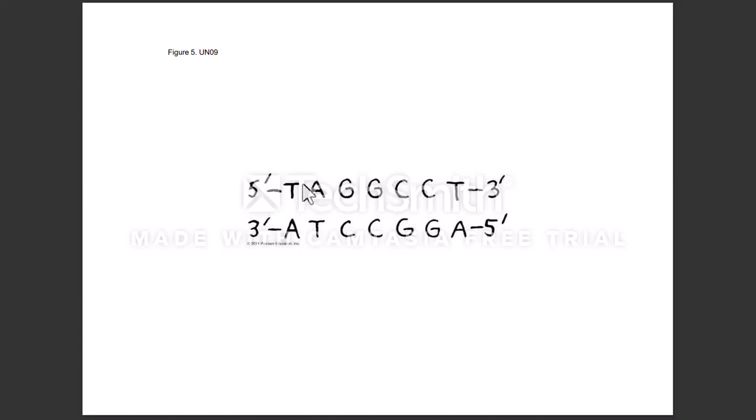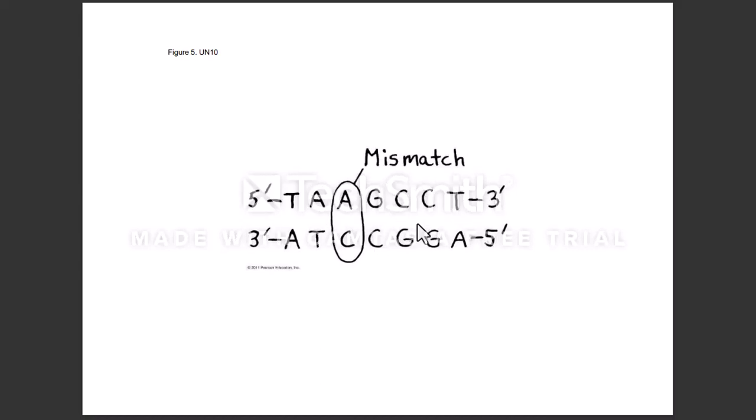Adenine goes with thymine, thymine goes with adenine, cytosine goes with guanine, guanine goes with cytosine, and so on. So these are our strands. In this region where there is a mismatch, there is mutation. There can exist some region where you will observe a mismatch where adenine is bound to cytosine. This could be an error in replication.